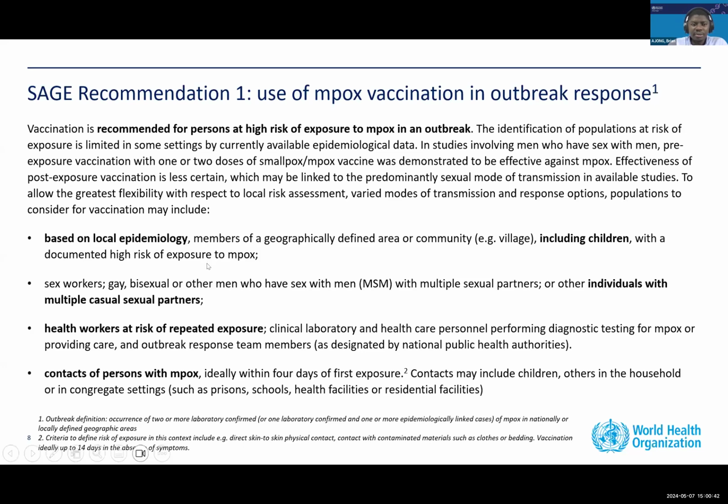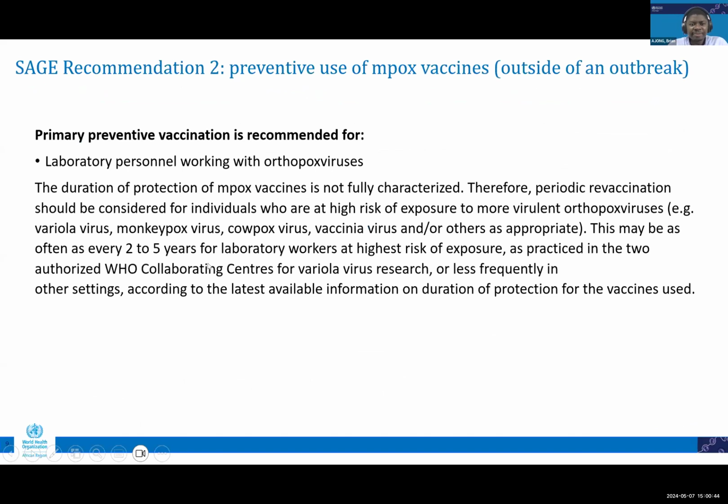So now looking at the next set of recommendations, looking outside an outbreak setting, who are those who should be prioritized for the mpox vaccines? This is mostly those who are handling the mpox virus or other orthopox viruses.